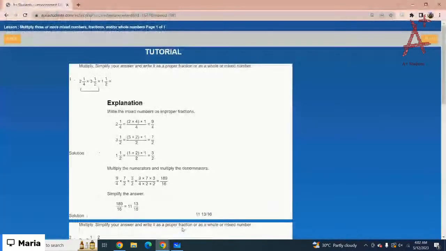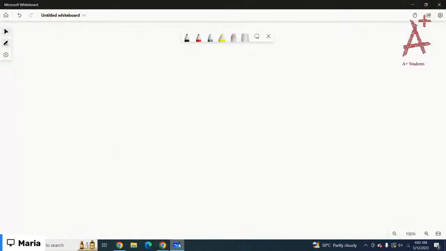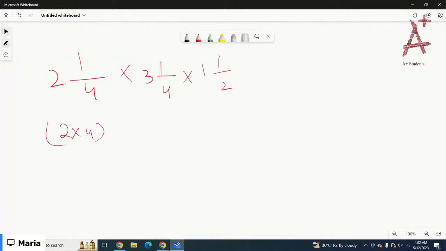2 whole 1 by 4 times 3 whole 1 by 4 times 1 whole 1 over 2. Let's convert them into improper fractions. For the improper fraction, you need to multiply the whole part by the denominator and add the numerator. So you need to do 2 times 4 plus 1 over 4.